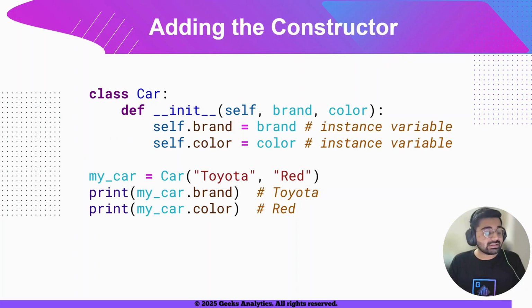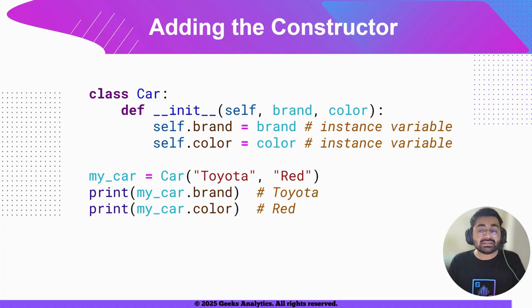So let's say I created an object my car equal to car, and I passed in Toyota and red. You can think of the self value as referring to the new object that we are creating, that is my car, and Toyota will be the value for the brand, and red will be passed as the value for the color.